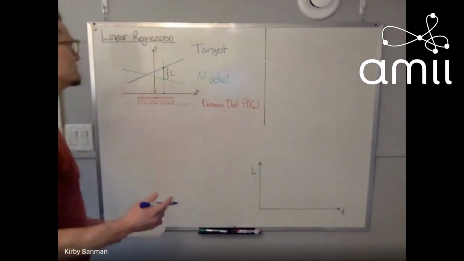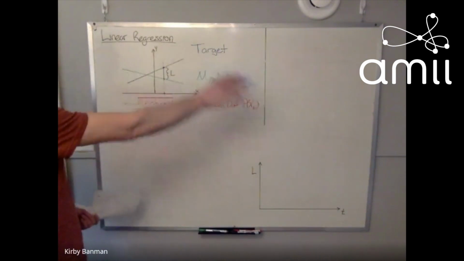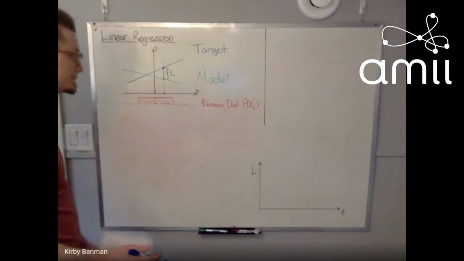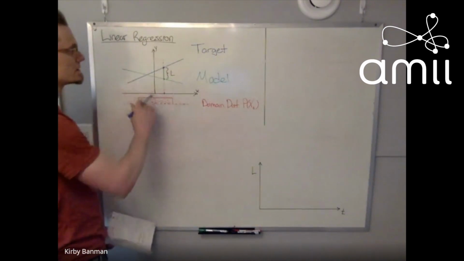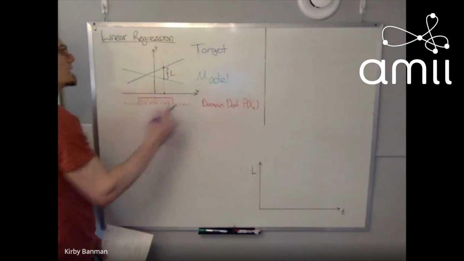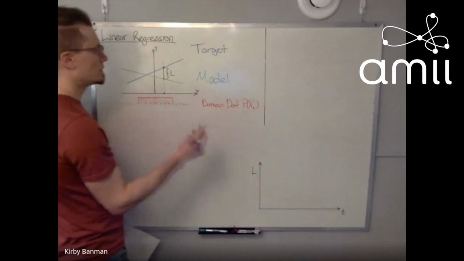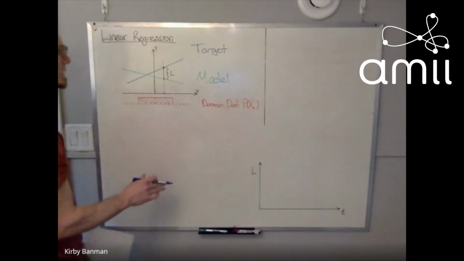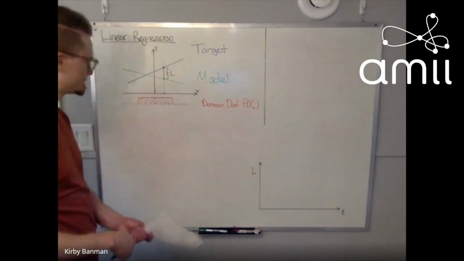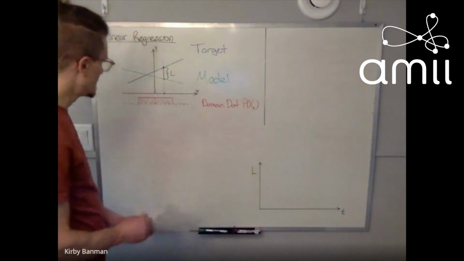First, just our learning problem. We are in the land of linear regression. Our target function, this blue line on these axes, is a line, and our model is also a line. We're sampling from a domain distribution that's uniform.